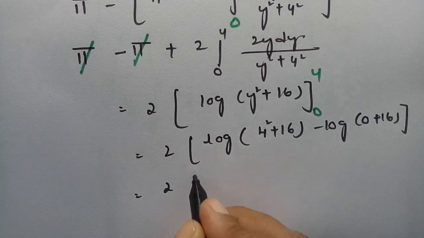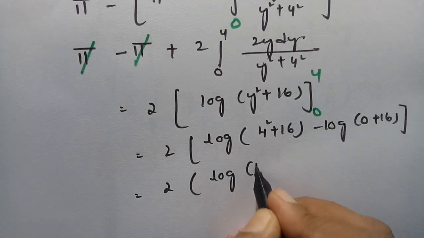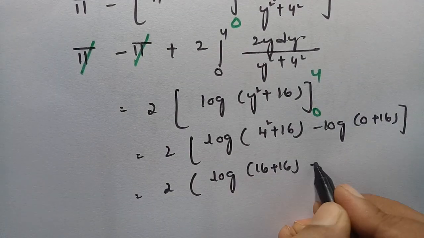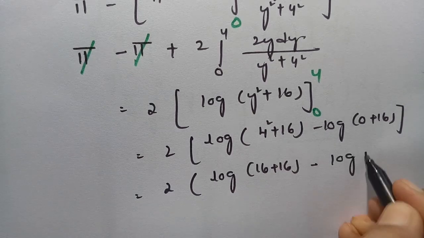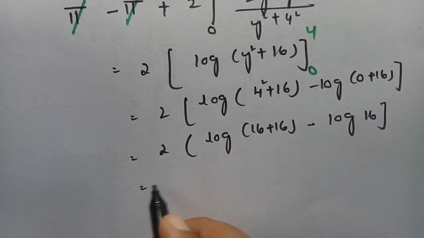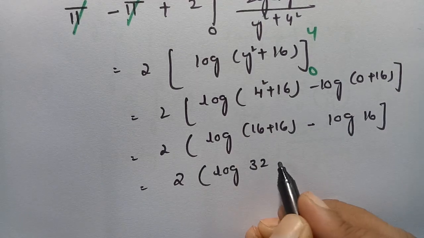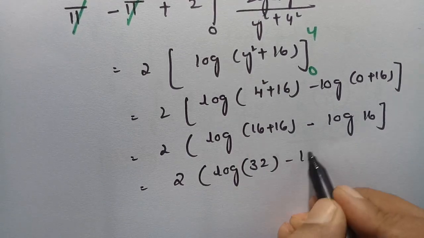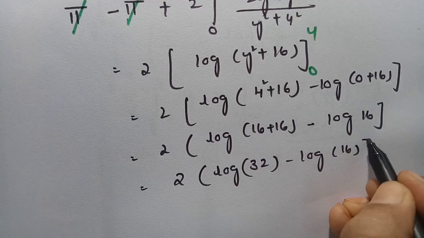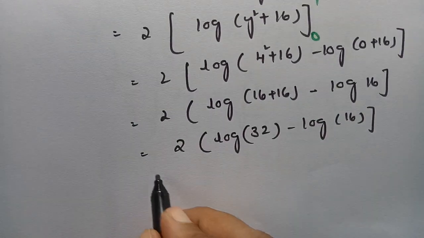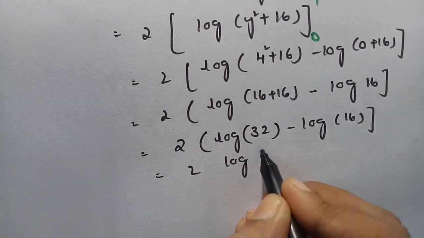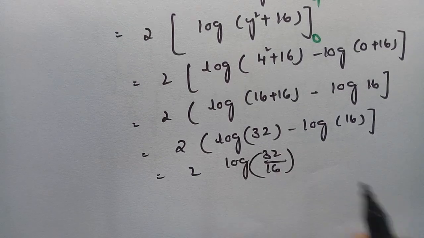So this value will be 2 times log of 16 plus 16 minus log of 16, so 2 times log of 32 minus log of 16. Log A minus log B is equal to log of A divided by B.